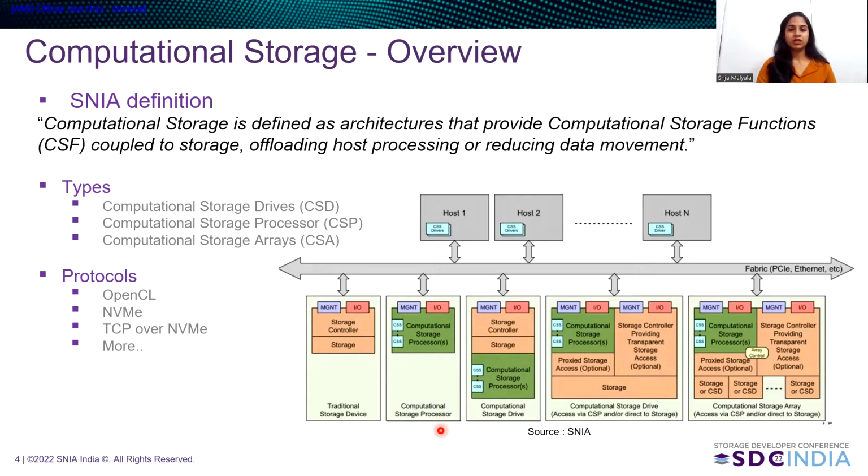Followed by that is the computational storage processor, where the FPGA drive fits in the SSD standard slots and communicates with the other SSDs over PCIe. To the right, we have the computational storage array, where the FPGA acts as an accelerator inline in between the CPU and SSD. In between, we have what is called the computational storage drive, where the accelerator is embedded within the SSD. Acceleration scales with the number of SSDs here.